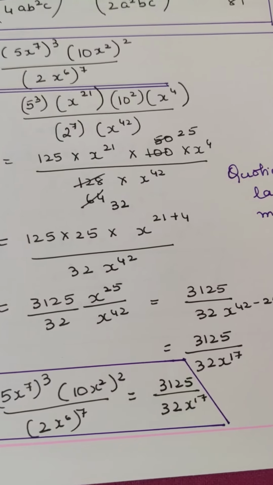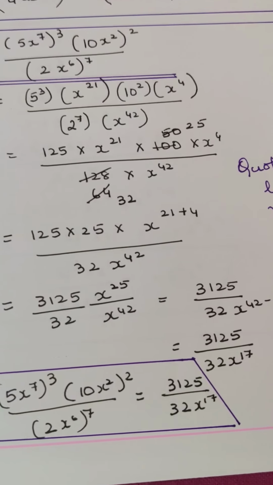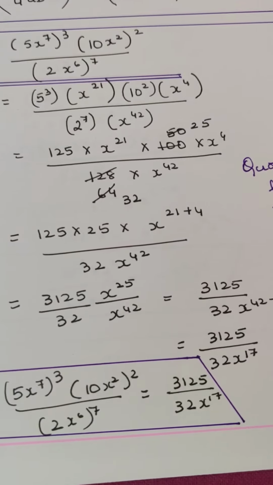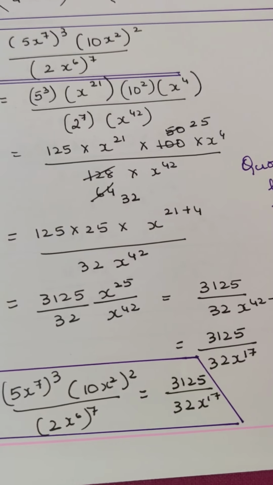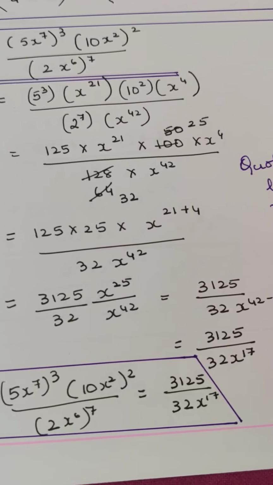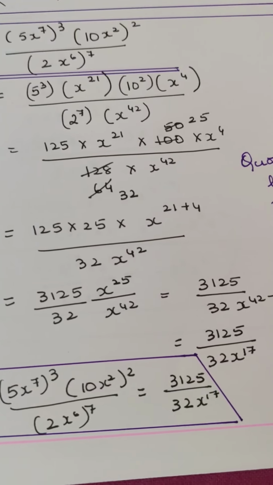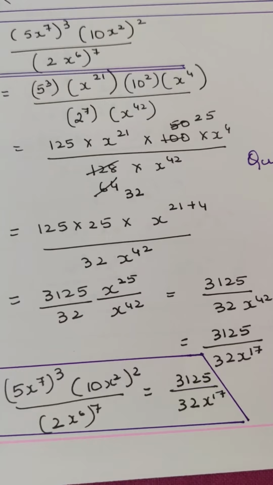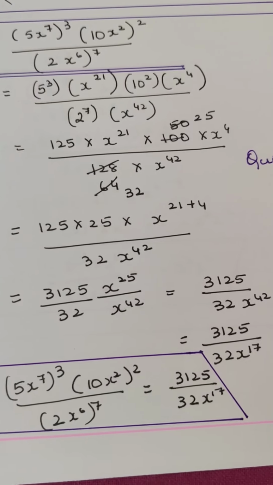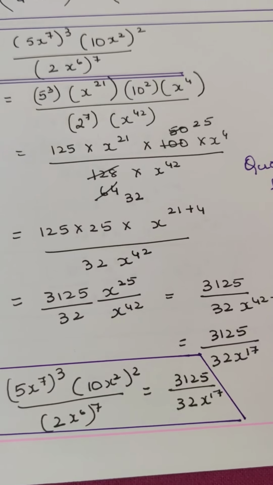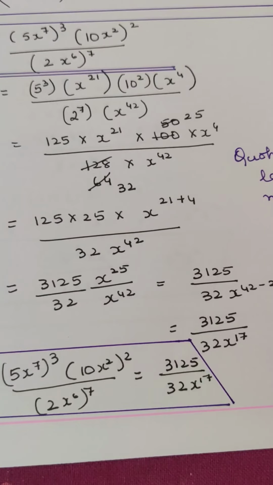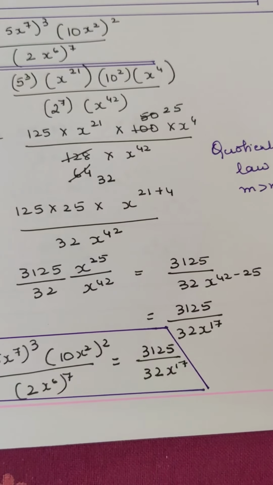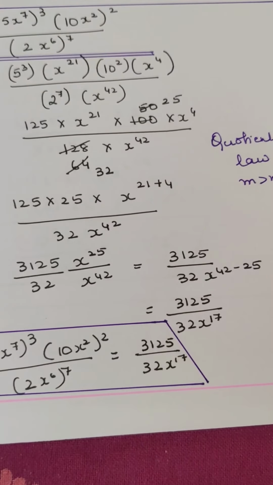So finally when you simplify, you get 125 into 25 into x to the power of 21 plus 4 divided by 32 by x to the power of 42. So you get 3125 by 32 into x to the power of 25 by x to the power of 42. Your 42 is more, so you go ahead and use the quotient law, and when you do x to the power of 42 minus 25, you get x to the power of 17.